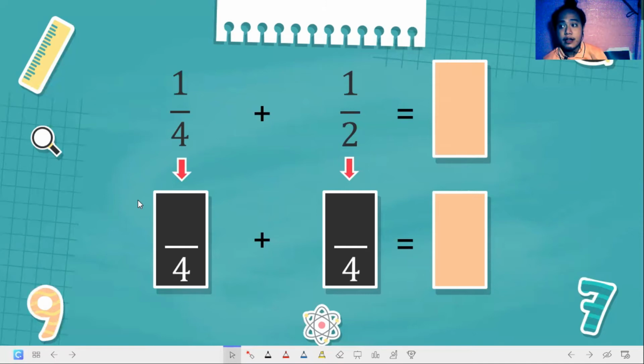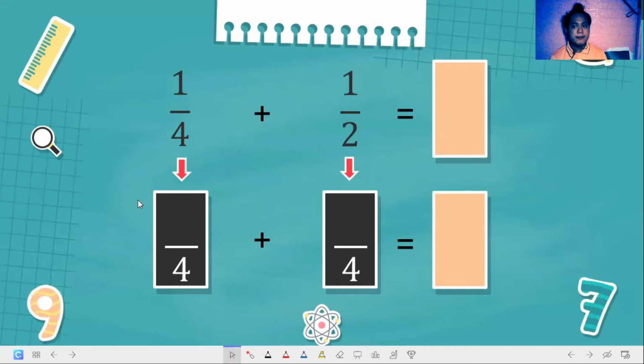Okay, now, in transforming the original fraction into its equivalent fraction, we have to respect our LCD. That's why we are going to base our equivalent fraction on the LCD that we got from the denominators a while ago. So our LCD is 4.